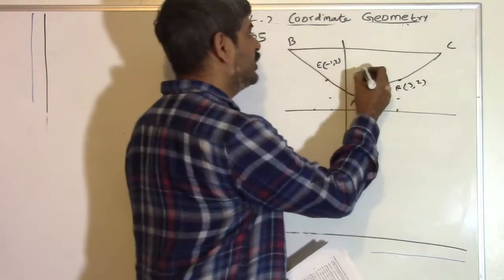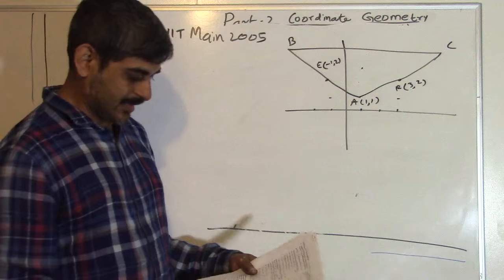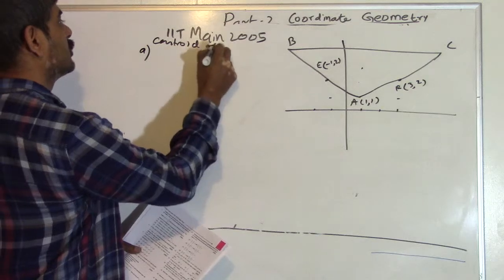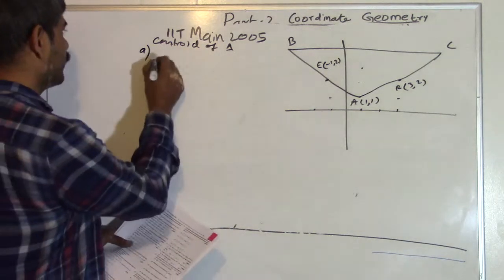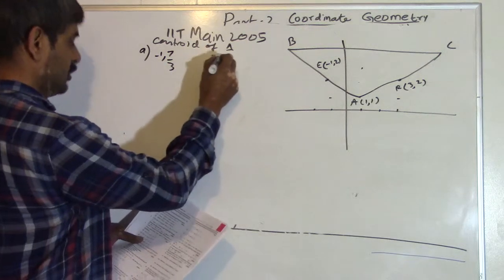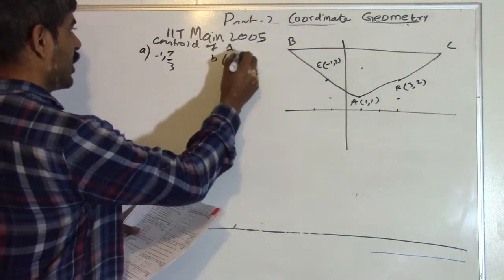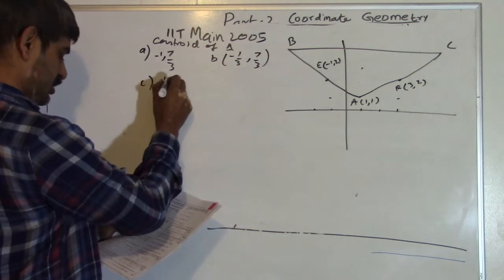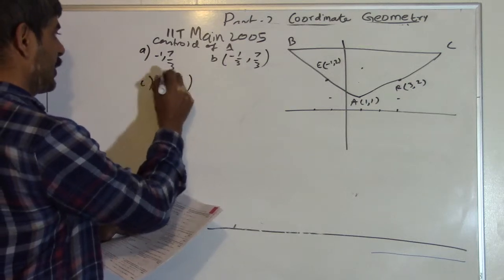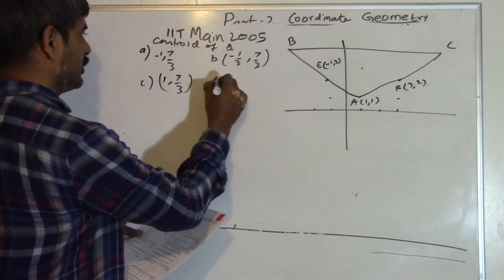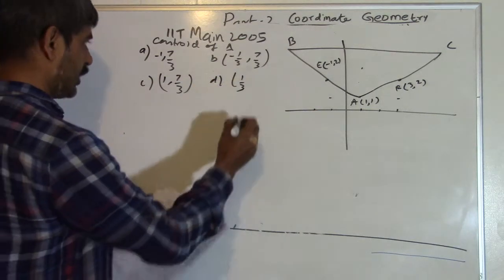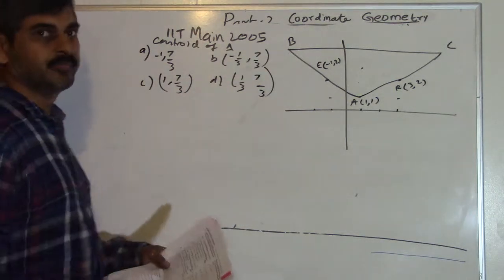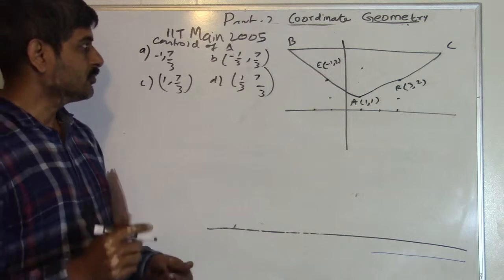And we need to find out the centroid of this triangle, and the options given are: A, minus 1, 7 by 3; B, minus 1 by 3, 7 by 3; C, 1 and 7 by 3; and finally D, 1 by 3 and 7 by 3. Good. How do we do this problem?